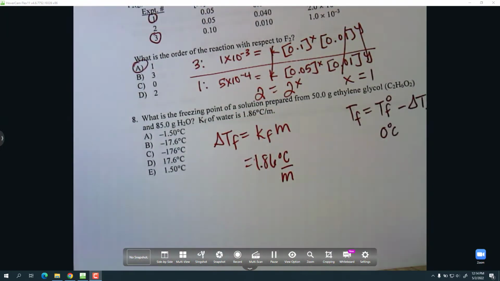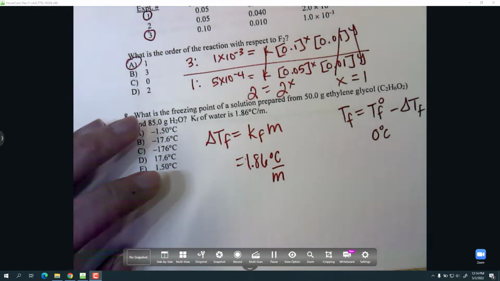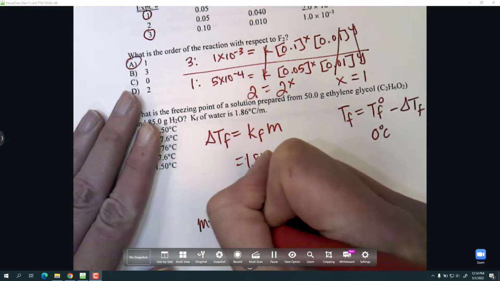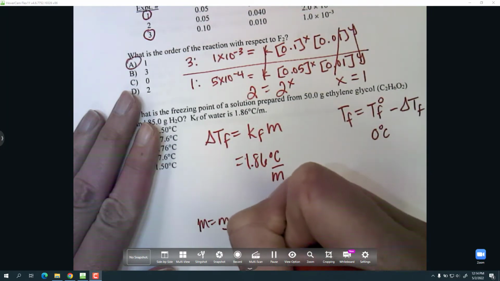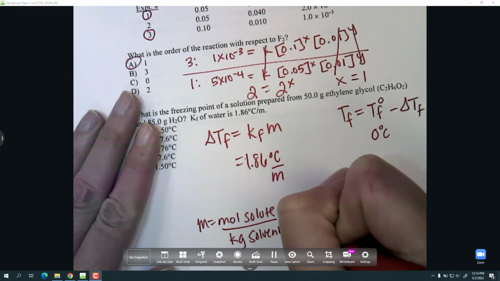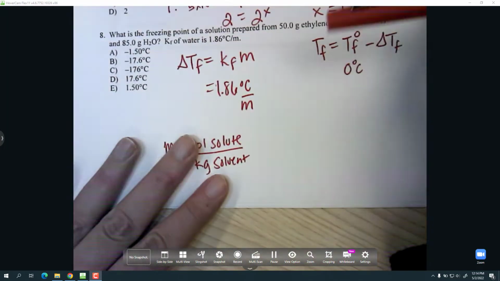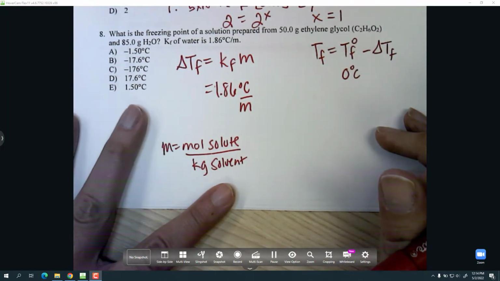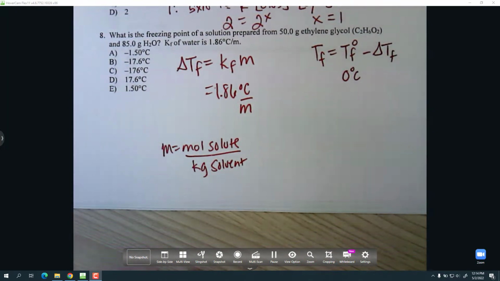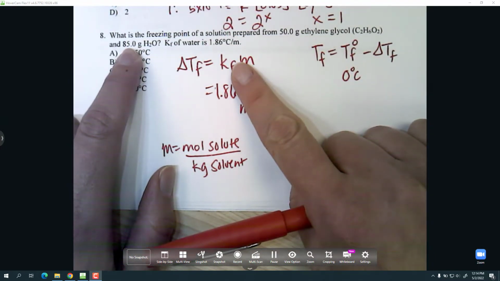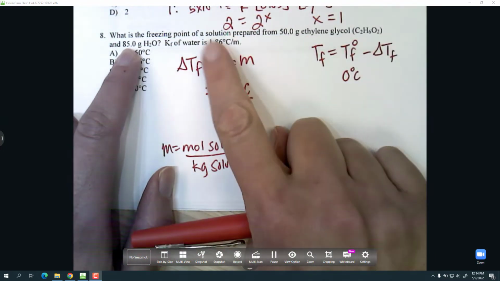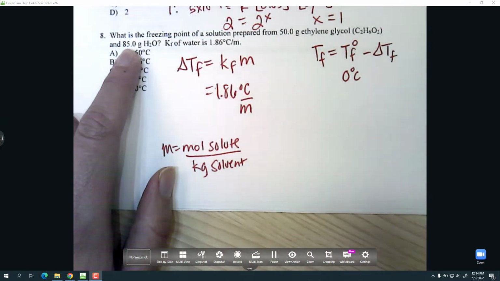My molality I need. Molality, remember, is moles of solute divided by kilograms of solvent. So if I didn't know what my solute versus solvent was, the fact that I have more water means that's my solvent. Also, it told me the Kf of water, that's for the solvent.